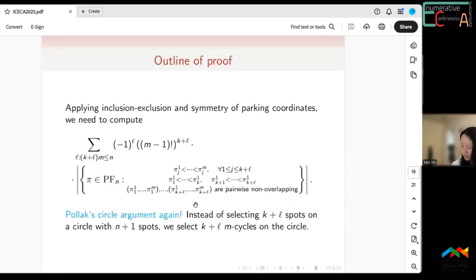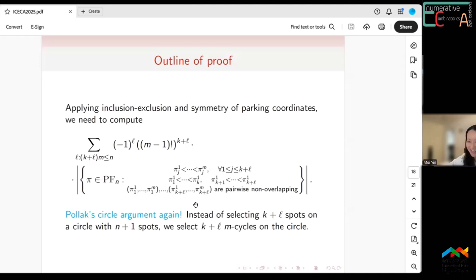Here is a quick outline of the proof. Like I said, the idea is that instead of taking one point, we choose a tuple of points on the circle in Pollak's argument, together with some other arguments using permutation symmetry and other things.